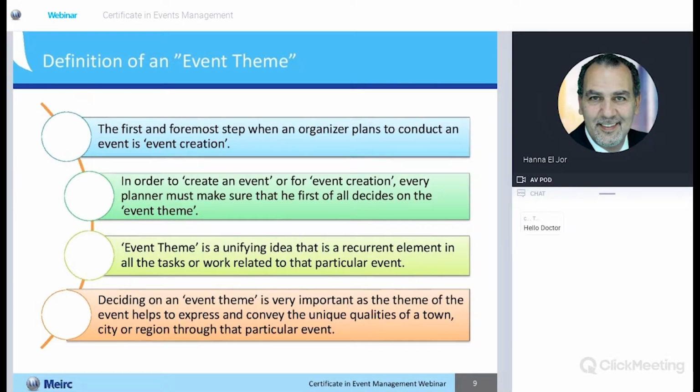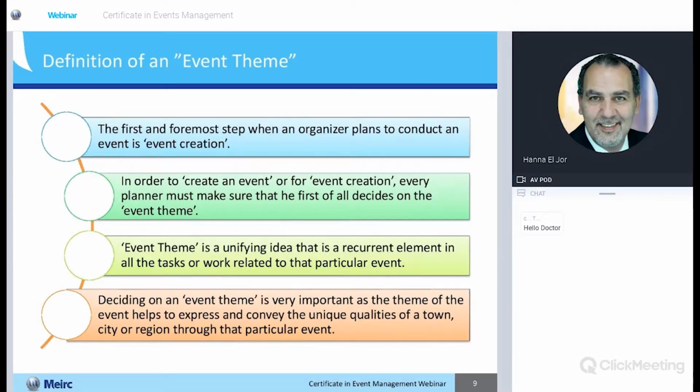Okay, as we said in the introduction, we will be talking about the theme of an event. Every single event you run must have a theme. This is the first and foremost step when any organizer plans an event: they have to have a theme linked to the event. In order for us to create an event, we should think first about the theme.